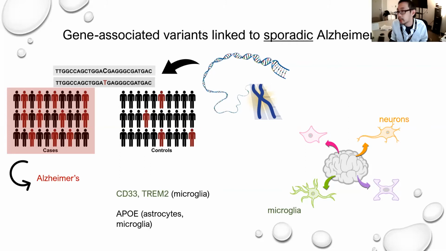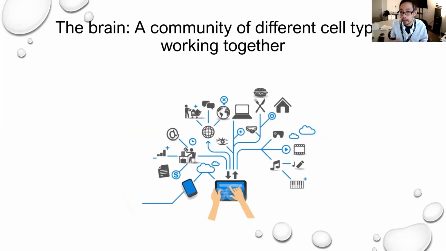So I just want to go into microglia and neurons and how they integrate with each other in the function of the brain. We can imagine that the brain is an interconnected network of neurons, not unlike the internet. The internet is an interconnected network of different computer terminals that allow us to communicate with each other.